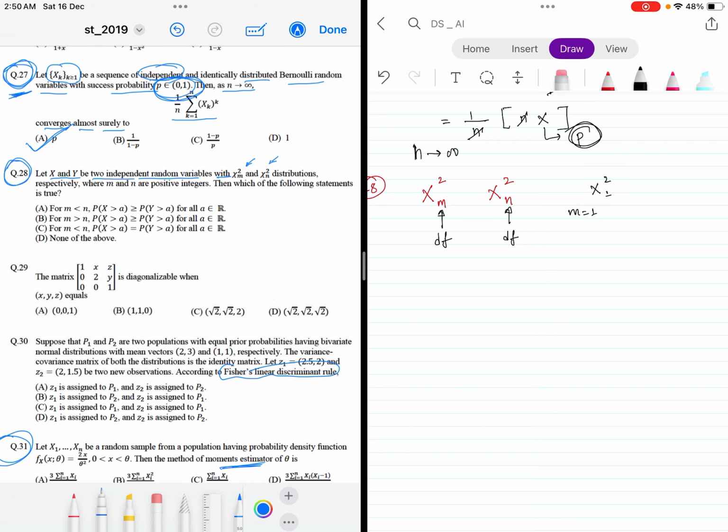That means you have taken the square of a normal distribution, right? And if the degree of freedom is 2, then you have taken two normal distributions, squared the two normal distributions, and added those up, right?